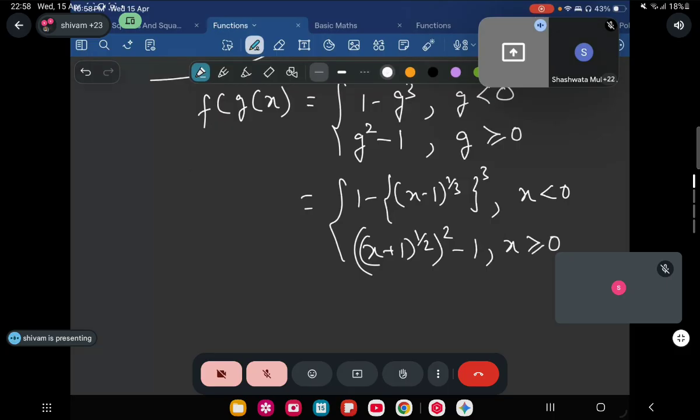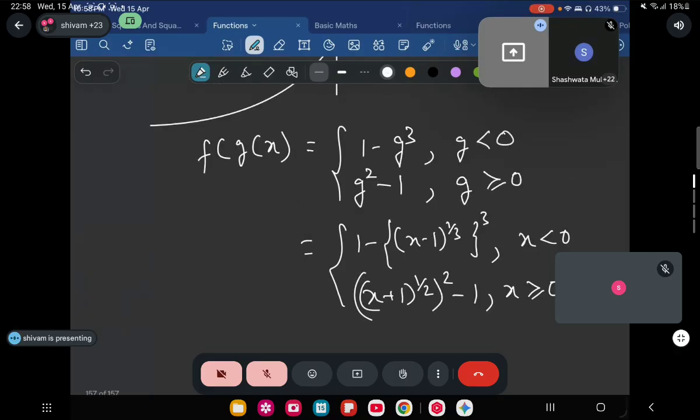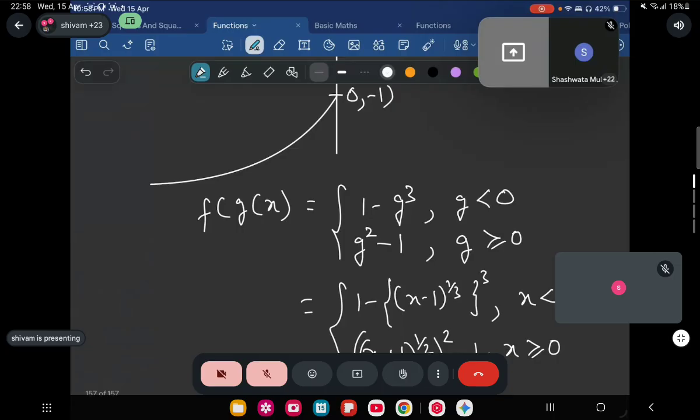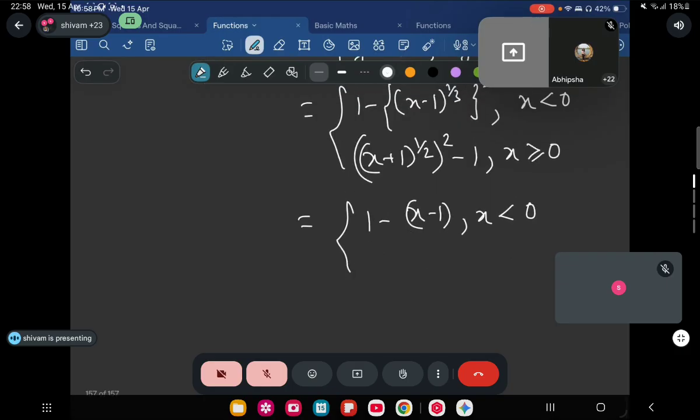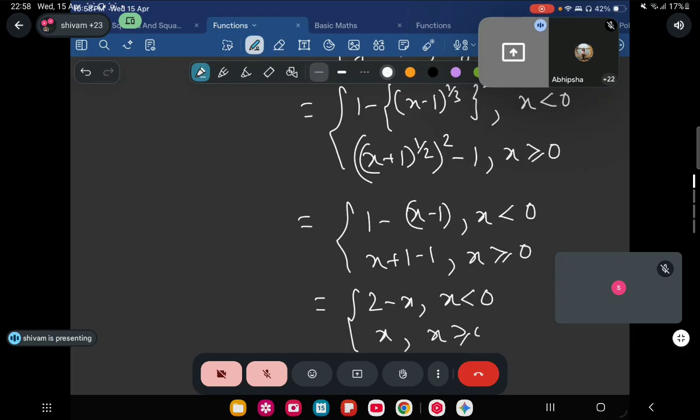Tell me, is it clear to everyone? Yes or no? Aisha, are you getting? Yes, sir. Okay. So when you simplify, what are we getting? 1 minus x minus 1 when x is less than 0, and x plus 1 minus 1 when x is greater than or equal to 0, which will become 2 minus x when x is less than 0, and it will be equal to x when x is greater than or equal to 0.